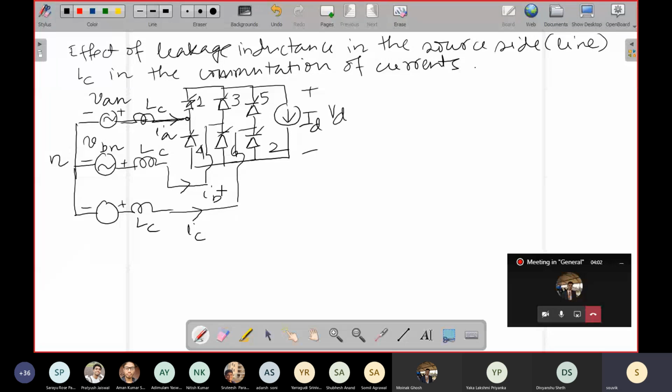So first let us draw our conventional three phase waveforms, with thyristors 1, 2, 3, 4, 5, and 6.